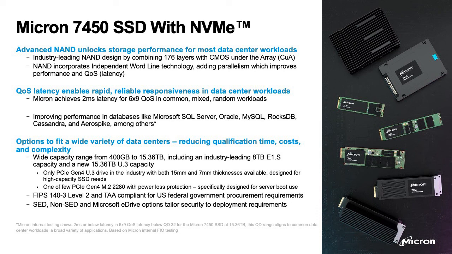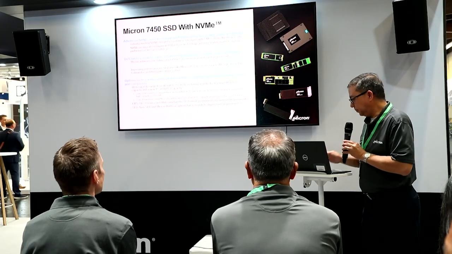But because of the range of density and performance, it can actually support a lot of industrial use cases as well, from a micro data center use case. It supports 176-layer CMOS technology, has a very high level of QoS, and the capacity goes up to 15 terabytes for that one device.